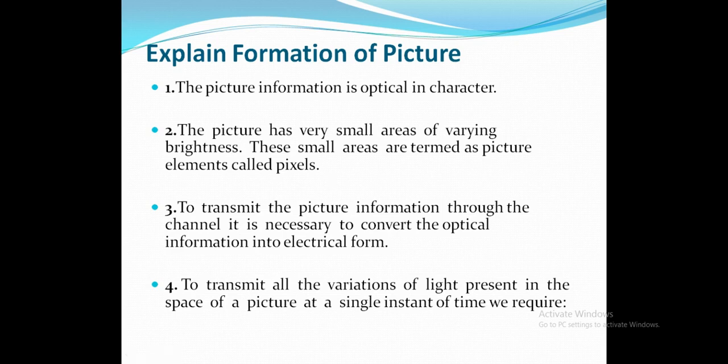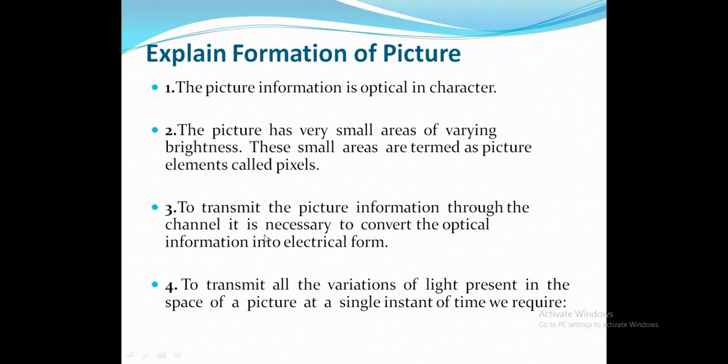Picture is fundamentally an assembly of a very large number of small dark and light areas corresponding to the picture elements. These picture elements are divided into a number of small element areas of black and white. Each small area of light or shade is a picture element, called a pixel, or also called a pel.